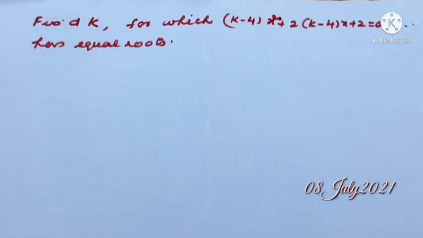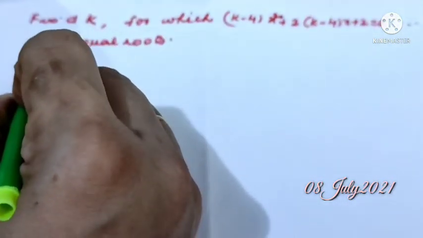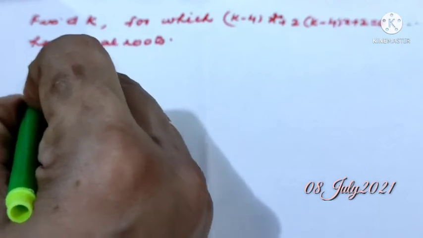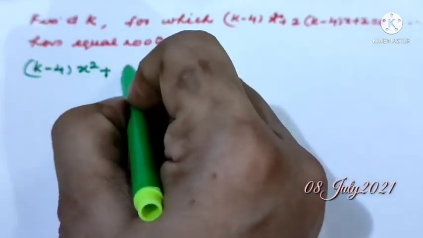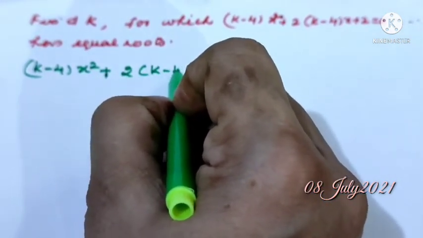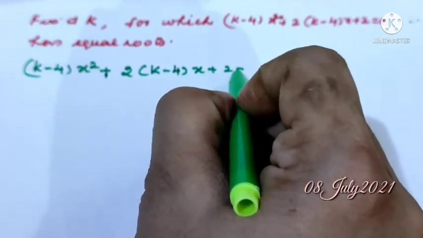Similar sum: find the k for which (k minus 4)x square plus 2(k minus 4)x plus 2 has equal roots. So the same way I'll take down the equation first. (k minus 4) into x square plus 2 into (k minus 4) into x plus 2 equal to 0.